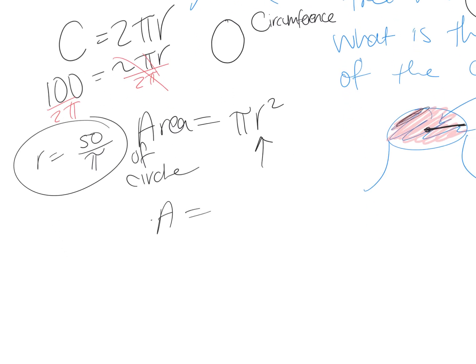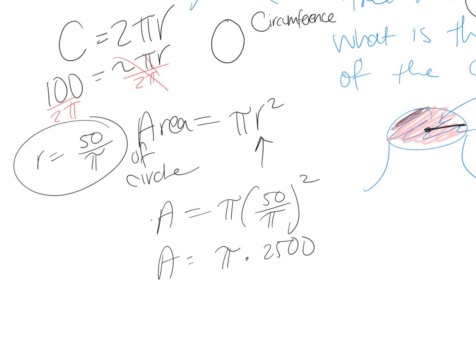So we're going to go back to the area formula now because now we know the radius. Pi times 50 over pi squared equals pi times 50 times 50, which is 2,500, divided by pi squared. If we put the pi over 1, we get 2,500 pi divided by pi squared.